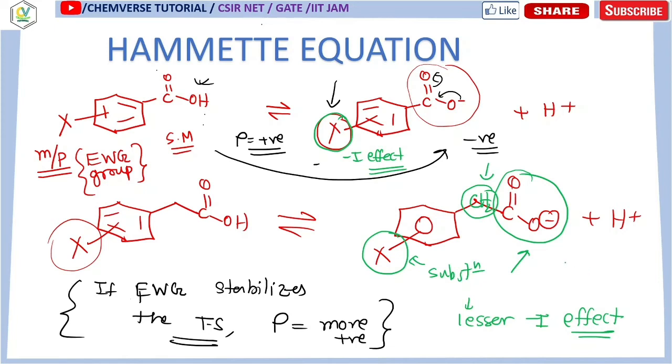So in the second case the rho will be less positive, and in the first case rho will be more positive. Both cases rho value will be positive, because the electron density is increasing, but rho value will be more positive for the first case. So this is the important thing, how the magnitude of the reaction constant changes.